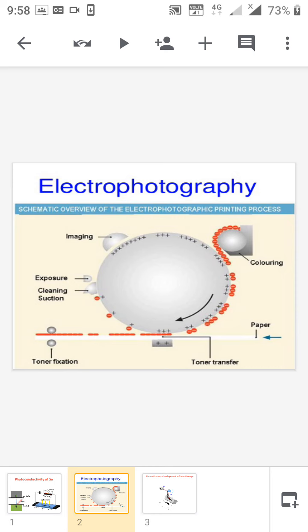The charged toner particle is a mixture of carbon powder and iron oxide.